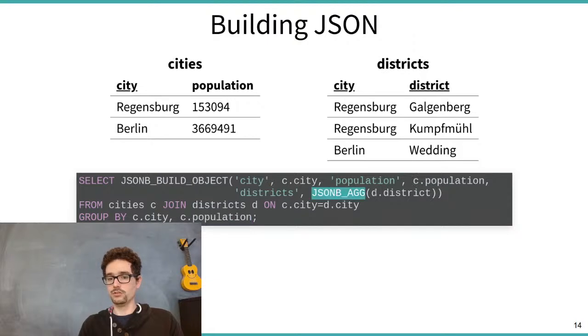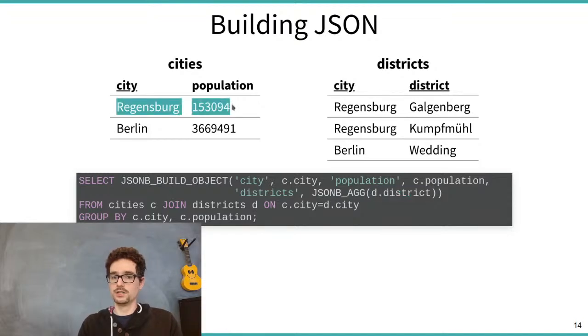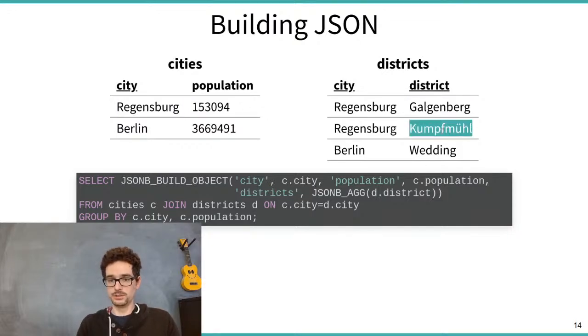And our aggregation function takes the set of districts. So for the row Regensburg 153094, it takes a set of two districts, Galgenberg and Kumpfmühl, and for Berlin it puts this one value in an array.